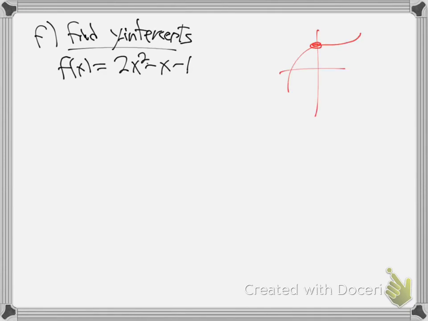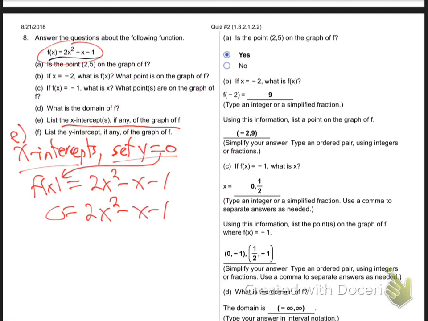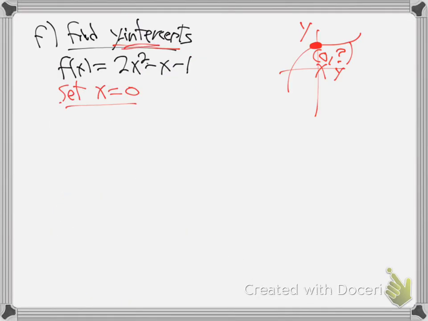If a graph hits the y-axis at a y-intercept, that means its x-coordinate is 0. I don't know what its y is, but this point here has an x-coordinate of 0. That means set x to 0. You see how for intercepts, we always set the opposite letter to 0. So for an x-intercept, we make y 0. And for a y-intercept, we make x 0. So plug in 0.